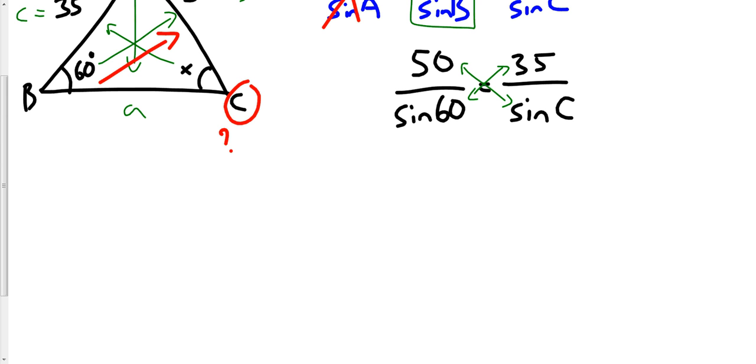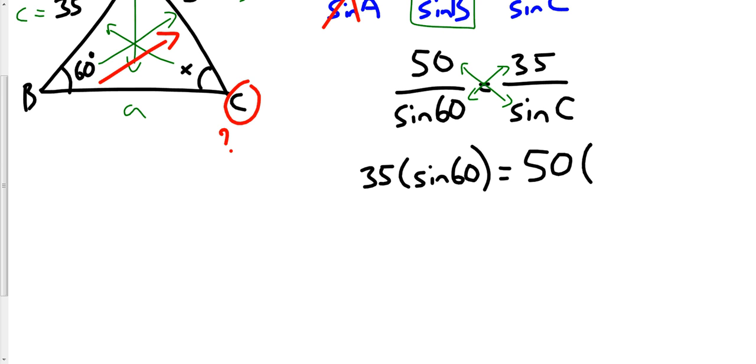So that gives me 35 times sine 60 is equal to 50 times sine C. Okay. Now, I need to get that sine C all by itself, so what I'm going to do is divide both sides by 50.